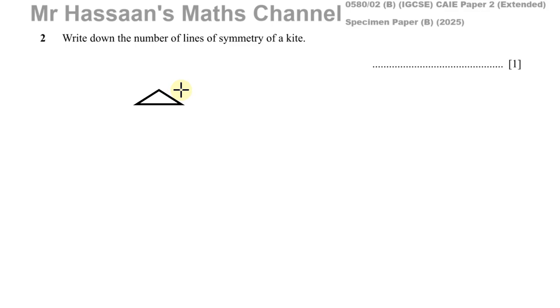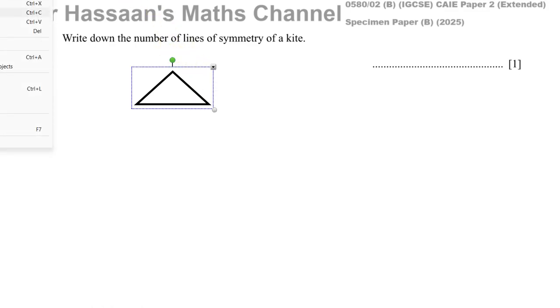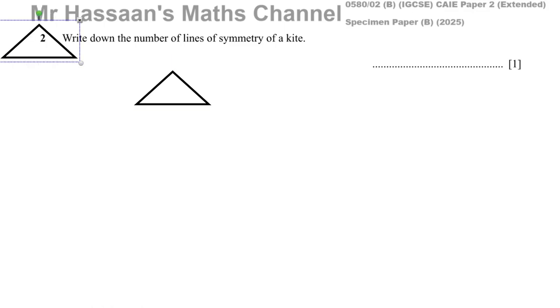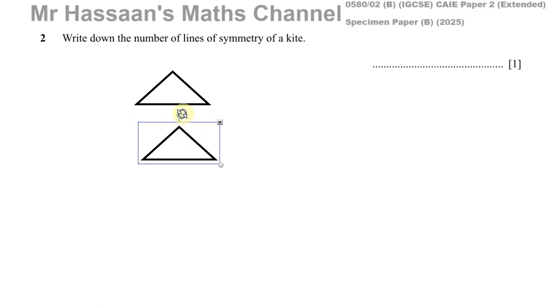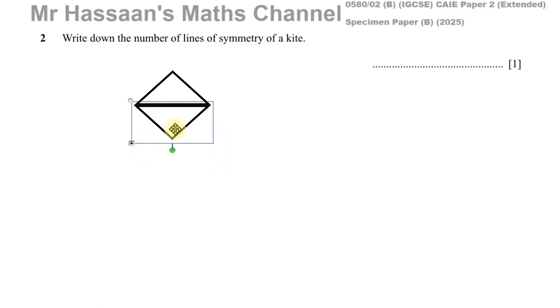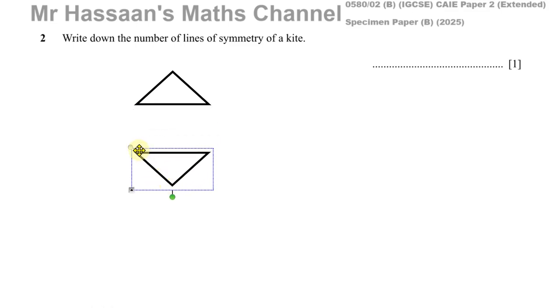I'm going to draw a triangle, then copy and paste the same triangle, turn it upside down, stick it next to this one, and then extend this like this.